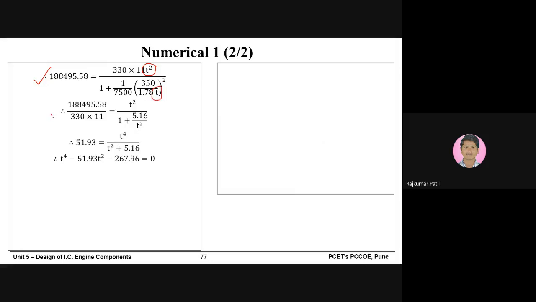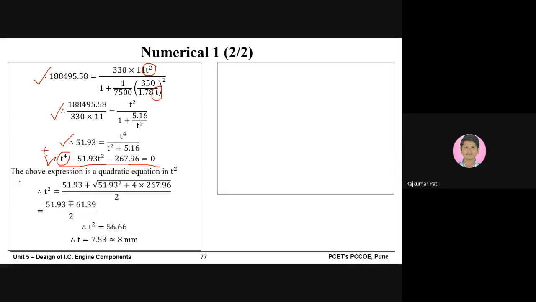So go on simplifying this equation, rearrange the terms, and you will get the equation T raised to 4 minus 51.93 T square minus 267.96. If you replace T raised to 4 by T square squared, then you can say it is a quadratic equation in T square. For solving a quadratic equation, we use this formula: 51.93 plus minus square root of 51.93 square plus 4 into 267.96, upon 2.